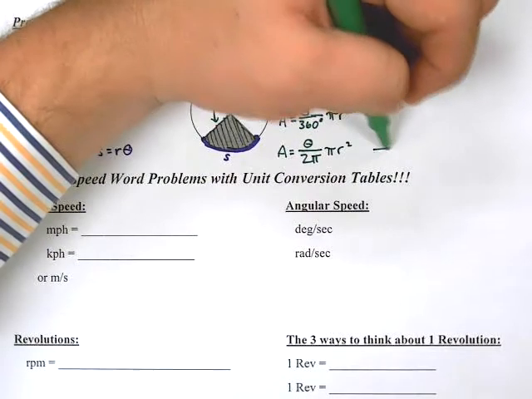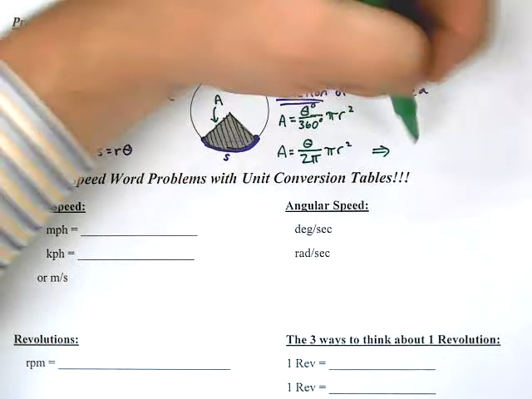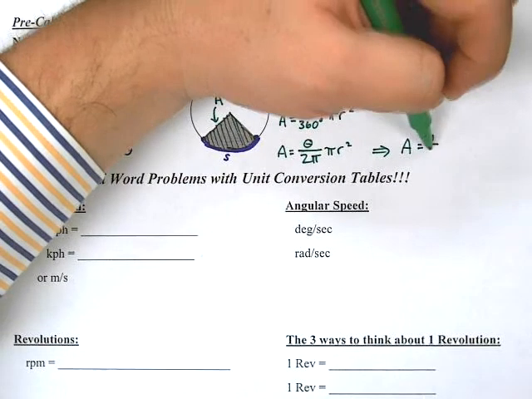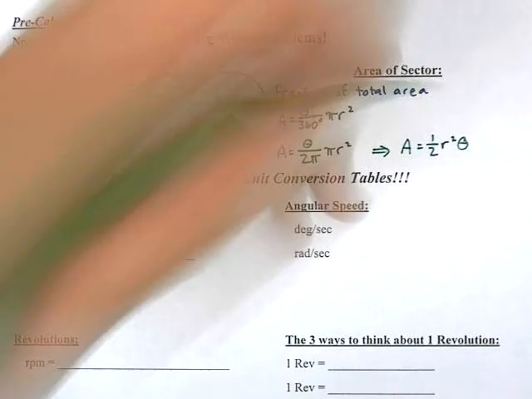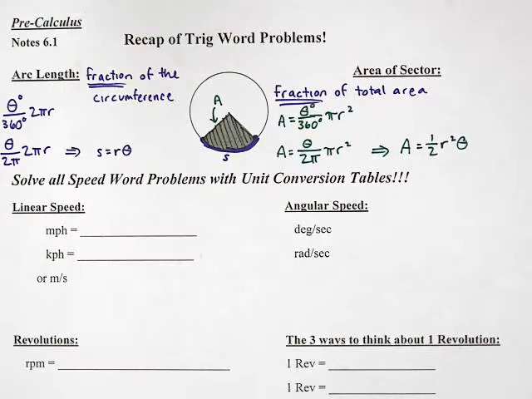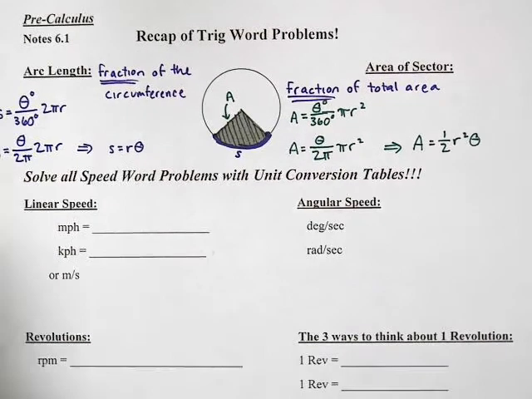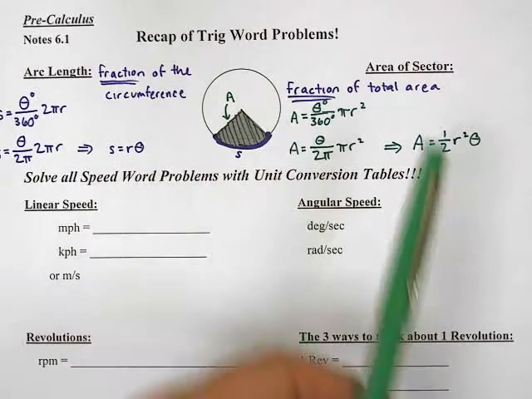Alright, so if you want to memorize, you can say that area is 1/2 r squared theta. Okay?